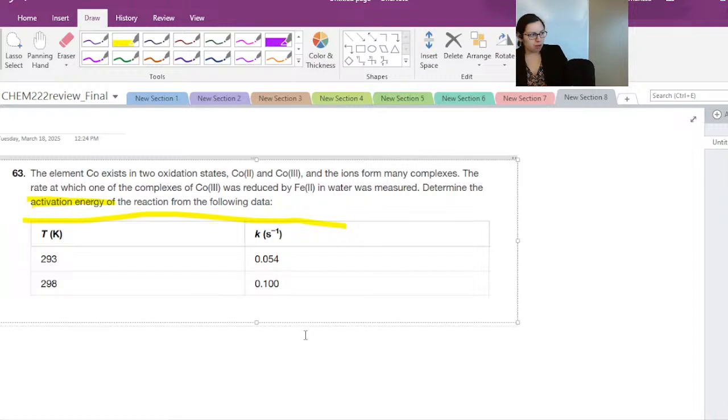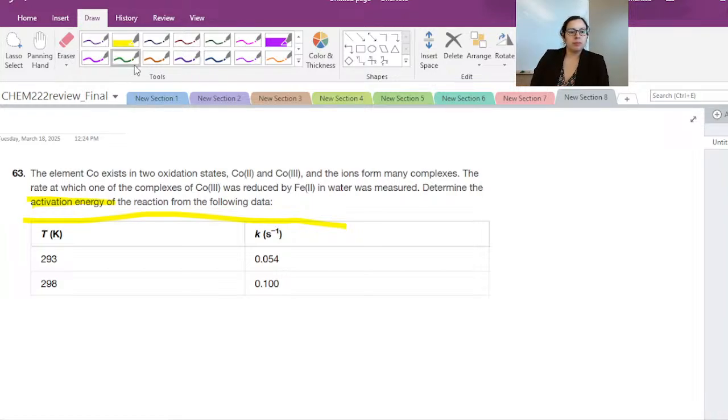So how's this problem going? What equation do we need? Would it be K equals A e to the negative Ea over RT?